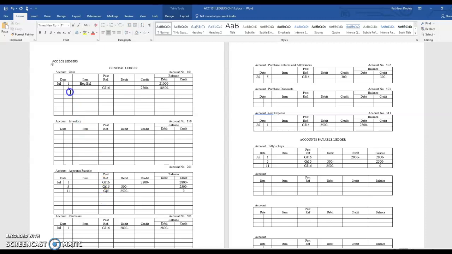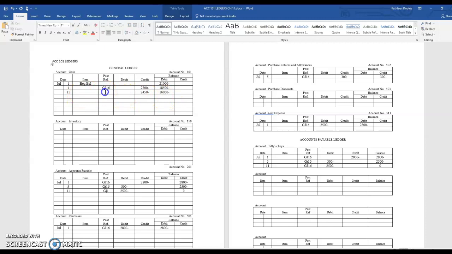Okay, and cash on the 11th, we have a credit of $2,450. We had a debit balance before of $18,500. Now we have a credit, so we're going to subtract. So that leaves us with $16,050 is our new running total balance.